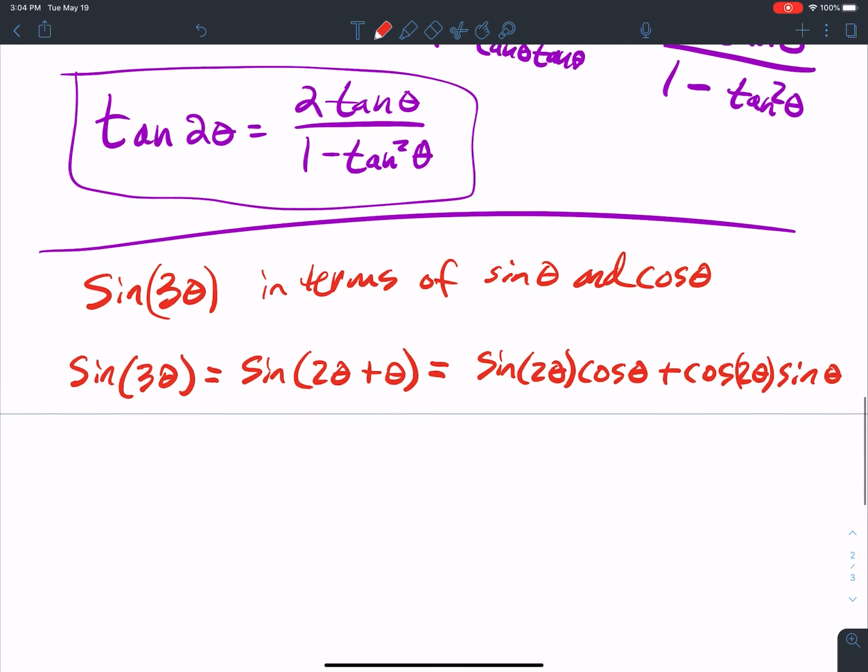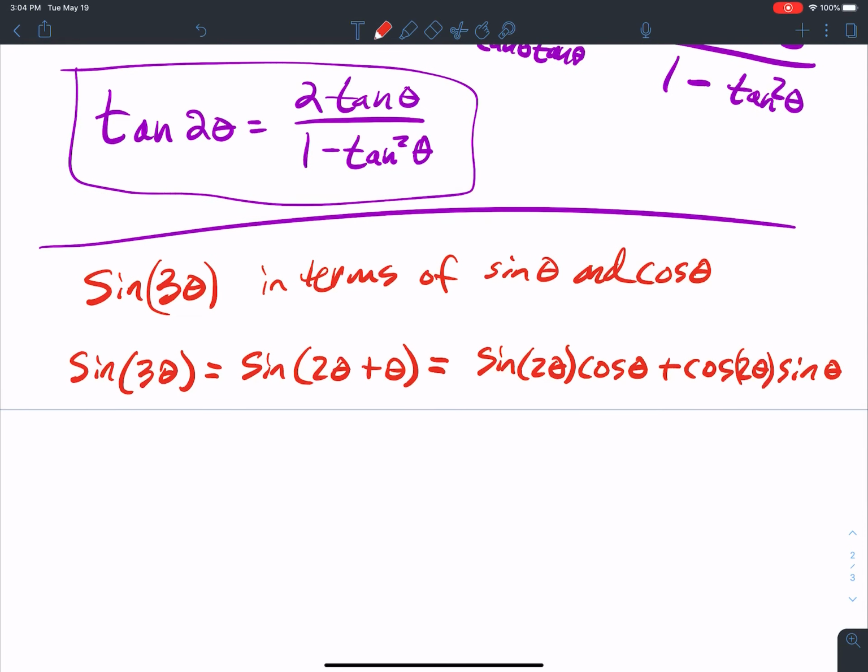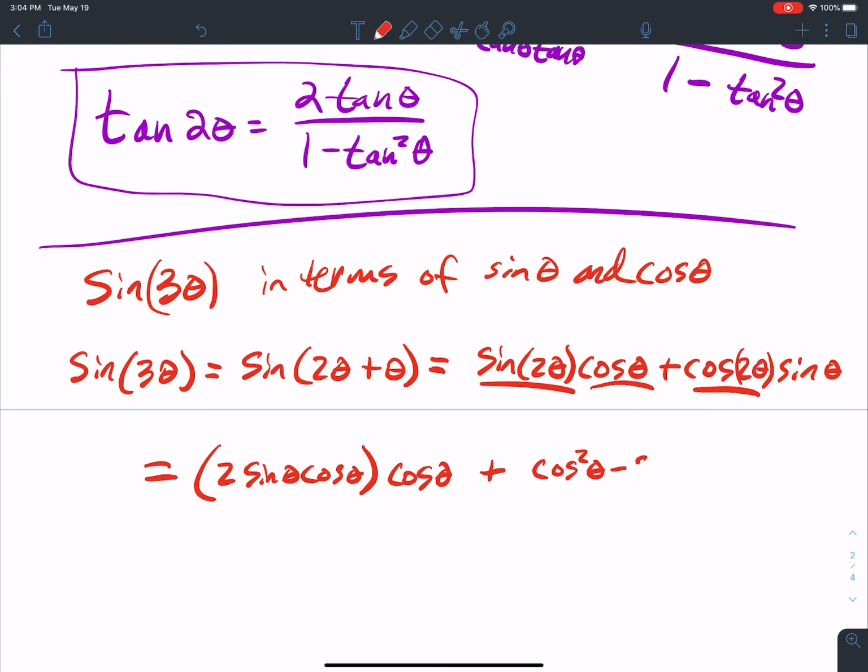And what do I know? Well, sine 2 theta is 2 sine theta cosine theta, and then cosine theta. And then plus, now for cosine 2 theta, I just pick one, it doesn't matter. I'm just going to go with cosine squared theta minus sine squared theta. And then multiply by sine theta.